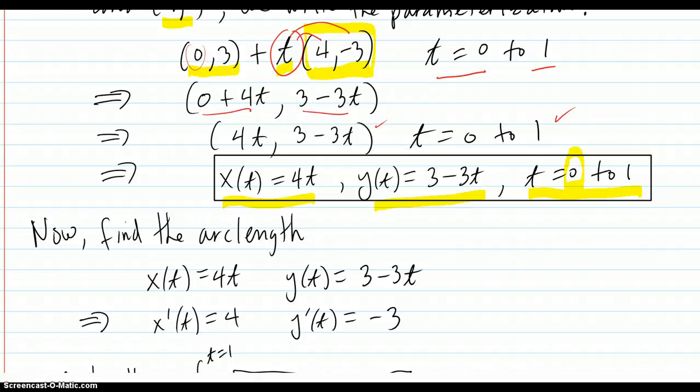When t is 0, x is 0, and y is 3, so that checks out. When you're at 1, by the time you arrive at the 1, are you really at the point 4, 0? When t is 1, 4 times 1, check. When t is 1, 3 times 1 is 3, 3 minus 3 is 0, check.